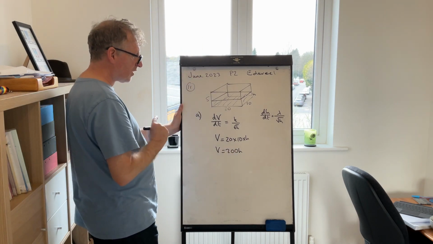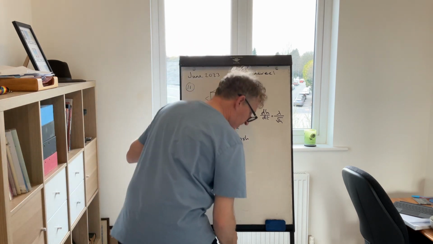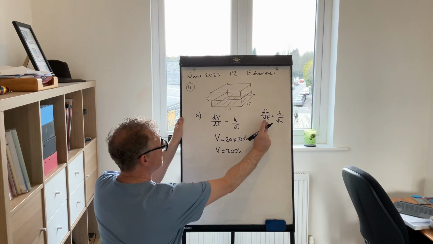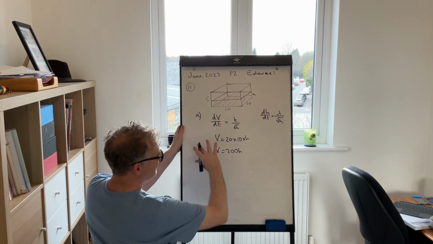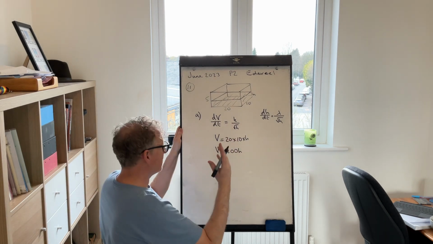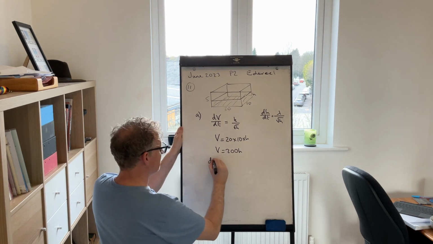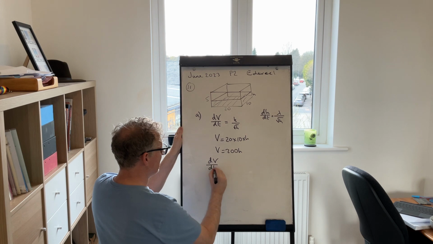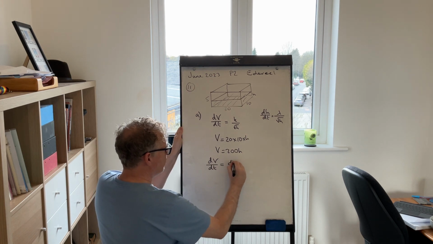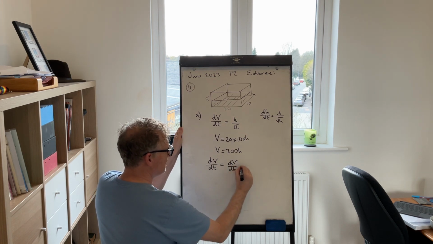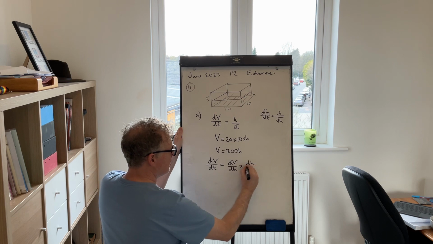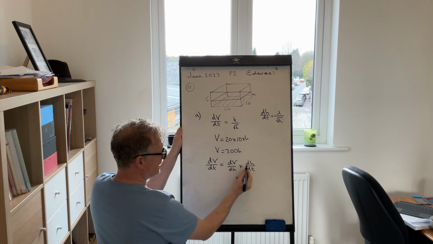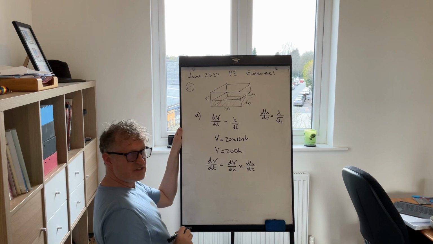Now then, we're going to use a little bit of chain rule here. We want to find out what dH by dt is, and there are loads of ways you can set this up. Some people like to go down this route and say, right, well, I know dV by dt, I can work out what dV by dH is, and then the dH's will cancel, and that will be equivalent to dV by dt.